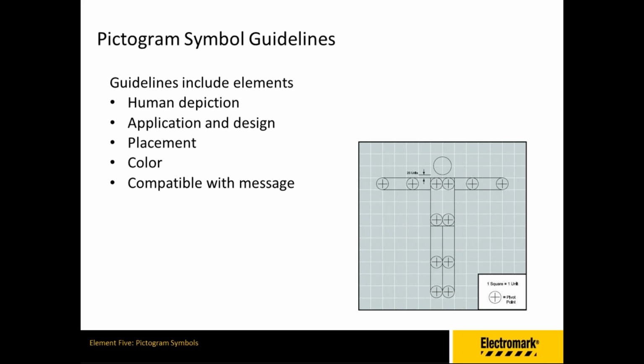If there's bends in the elbow or in the legs, etc., it shows the articulation points. Application and design of the prohibited action circle/symbol, placement, color, surround shapes, etc. The standard specifies that the symbol pictogram must be compatible with the written message.